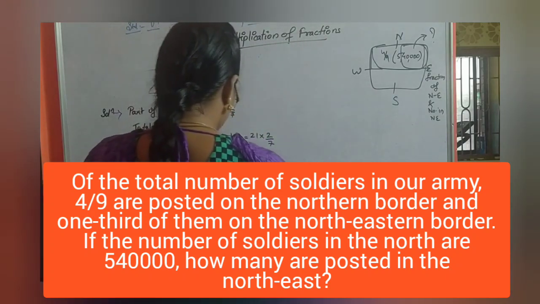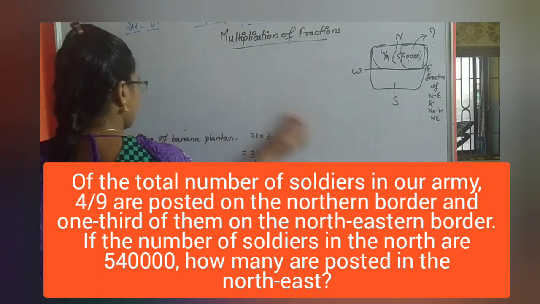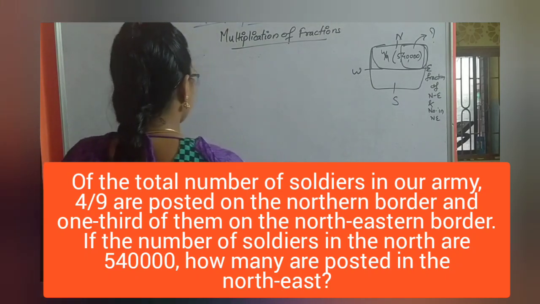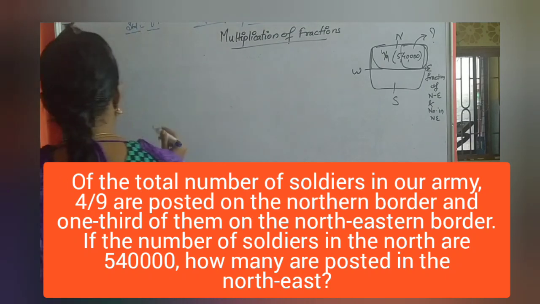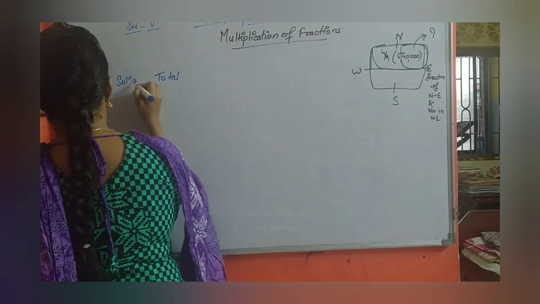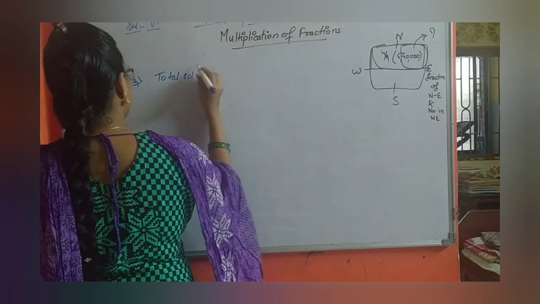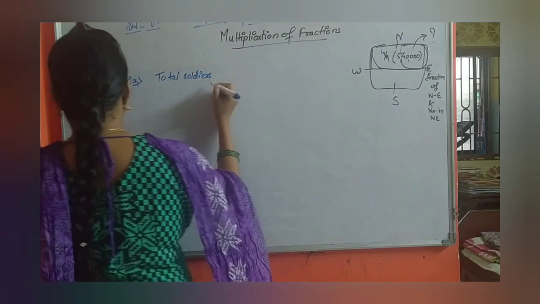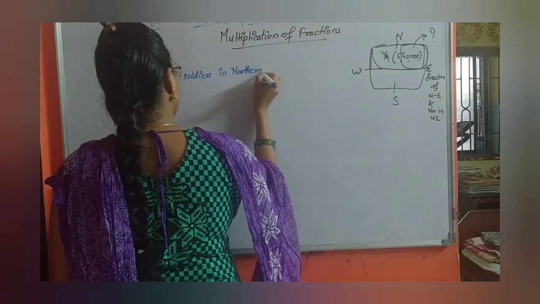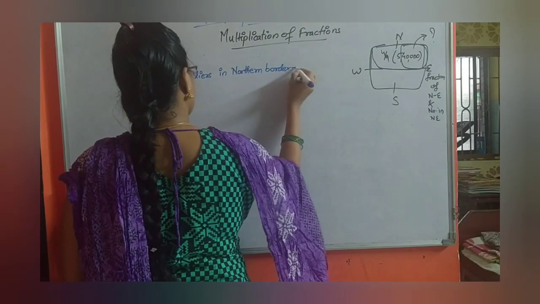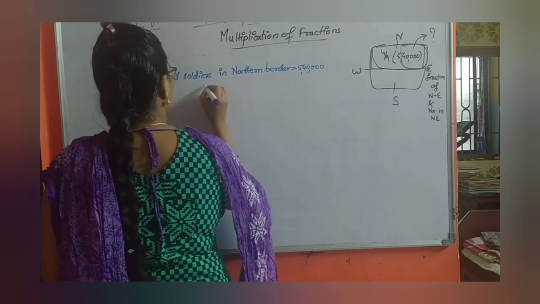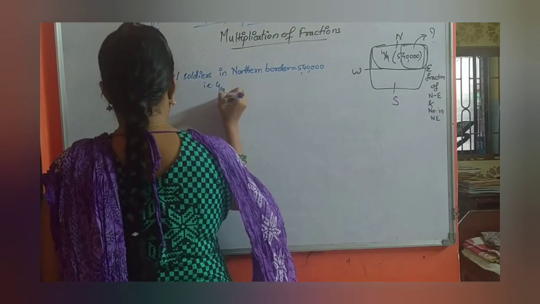Now to begin with, we will write the statement. The statement that comes here is: total soldiers in the northern border 5,40,000, that is 4/9 part.